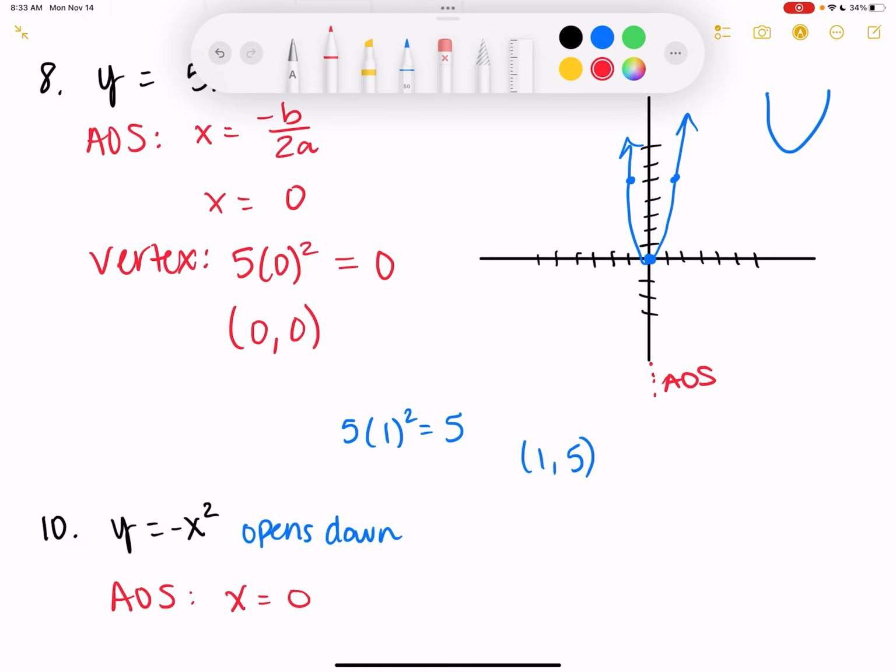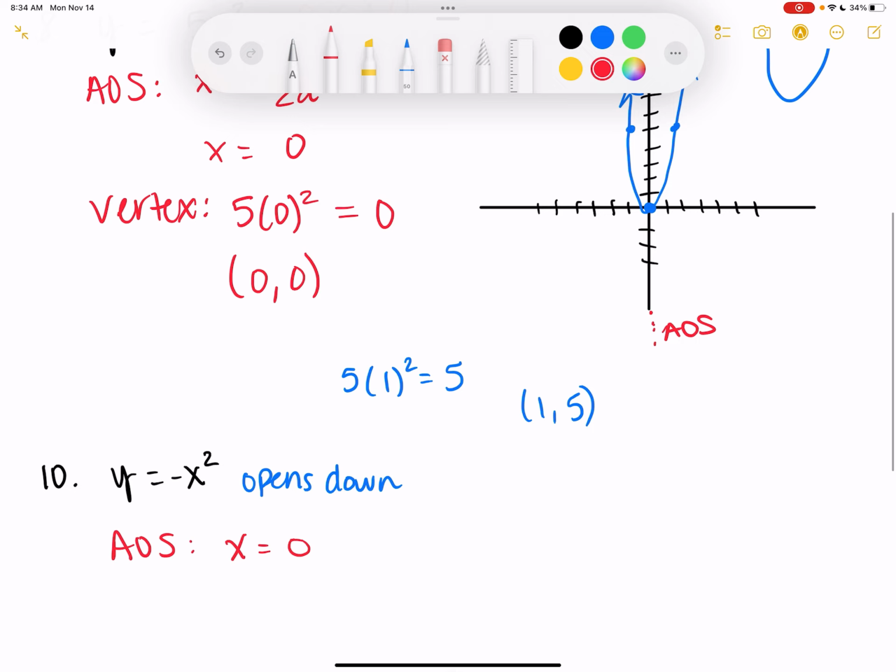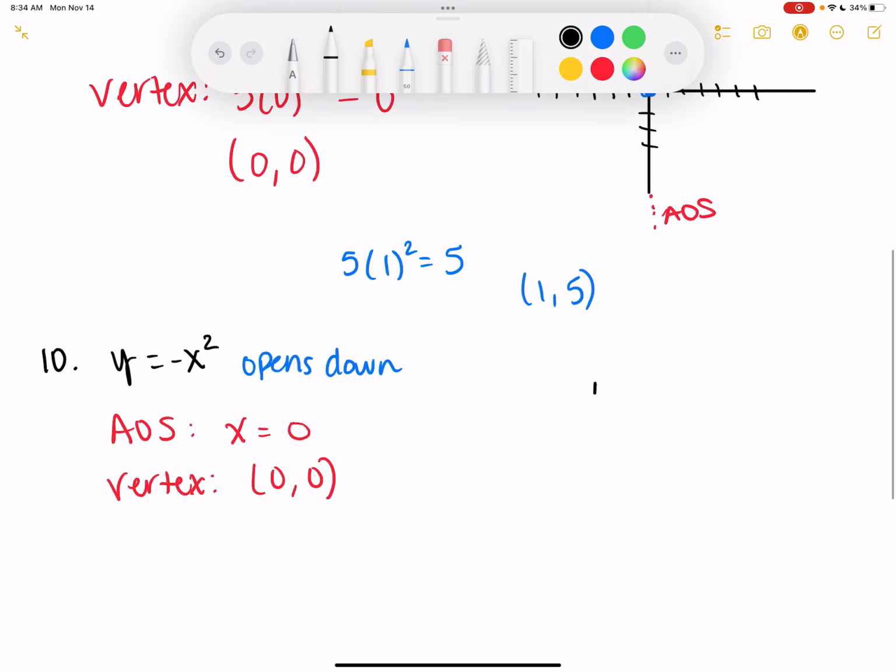So my vertex would be where then? 0, 0. My vertex is going to be at 0, 0. So I can get ready to graph it. All right, so my axis of symmetry is at x equals 0.